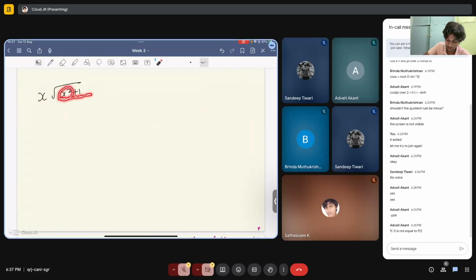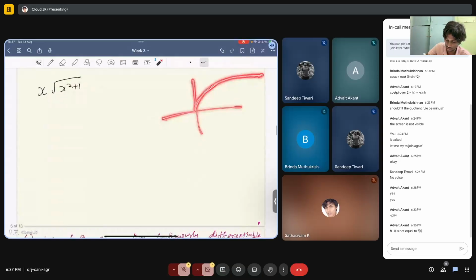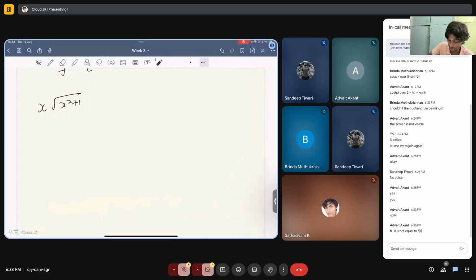The square root is also a continuous function wherever it is defined, which is only for positive numbers; it is the inverse function of x square. So this is a composition of continuous functions, and then a product of continuous functions, so it is a continuous function.